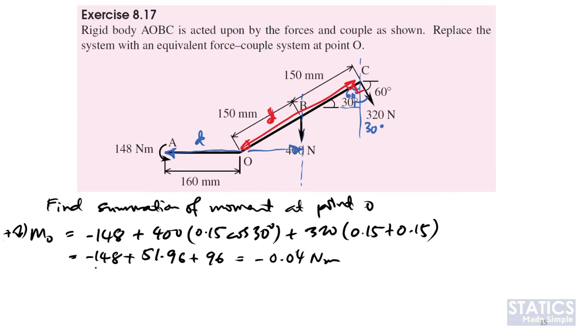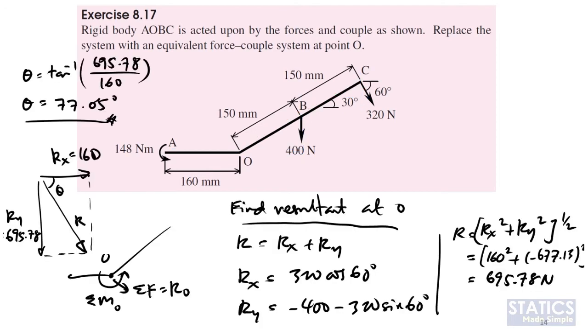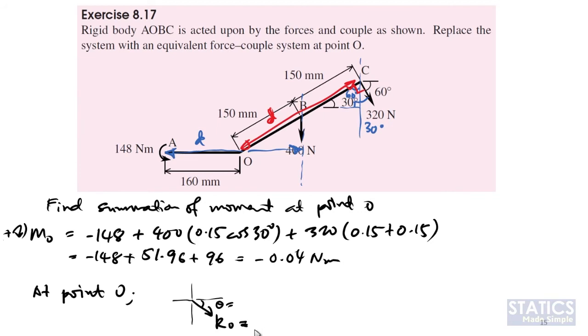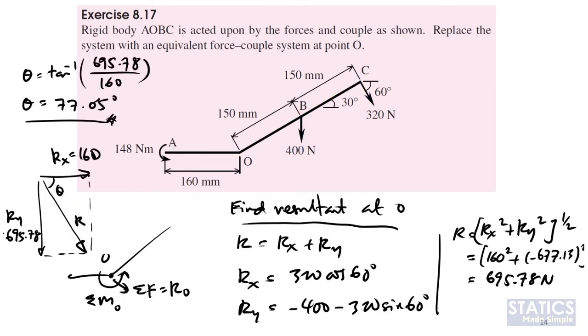So our final answer will be: R is 695.78, theta will be equal to 77.05.